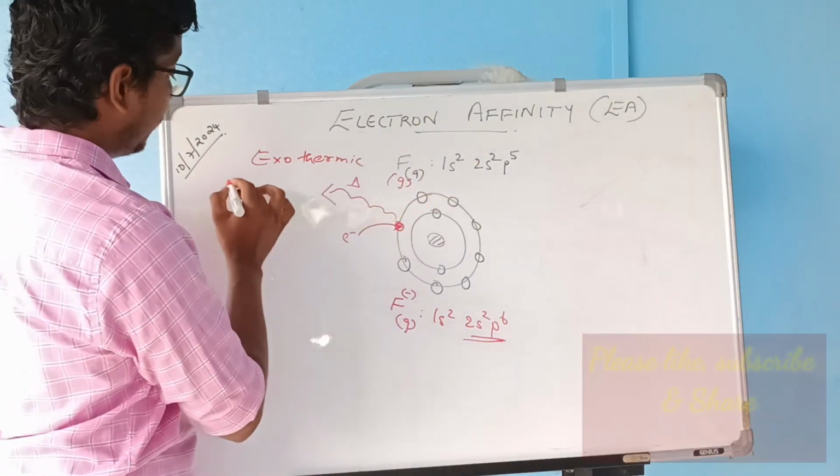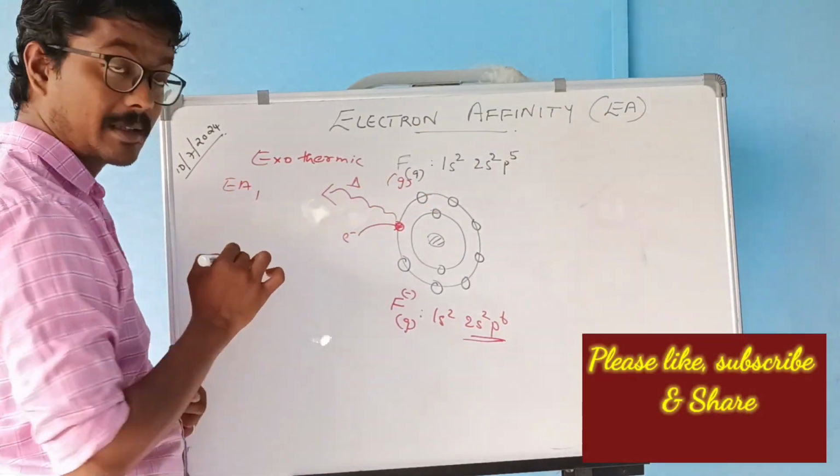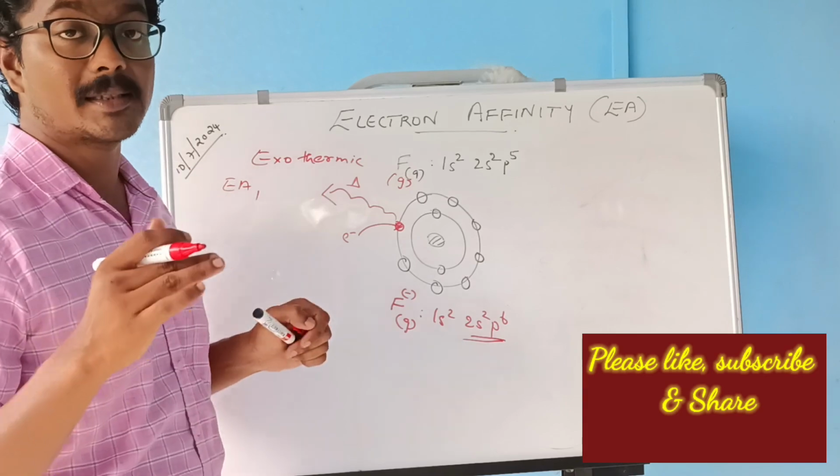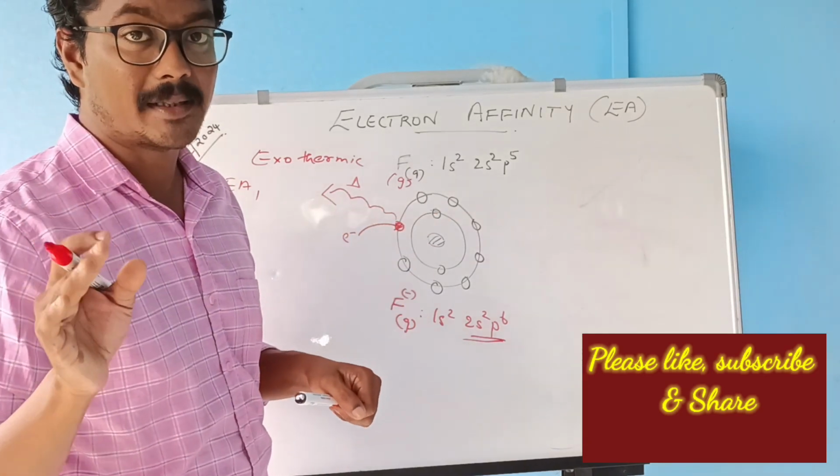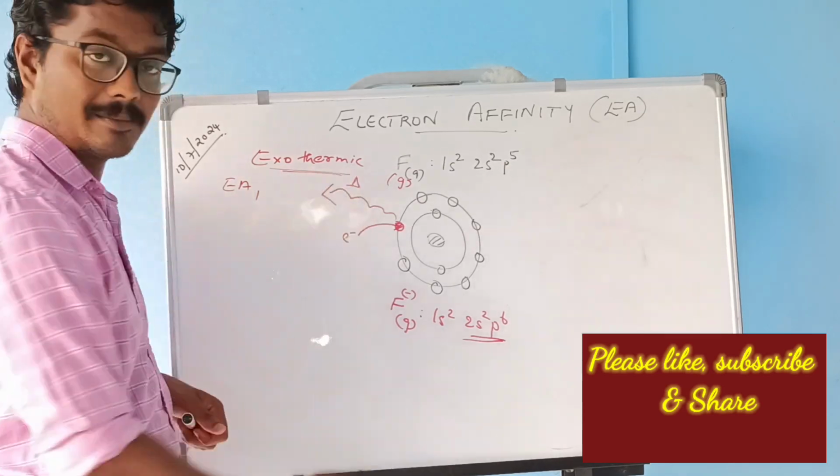So we can simply write EA1, the first electron affinity of the fluorine atom, as negative, which is exothermic.